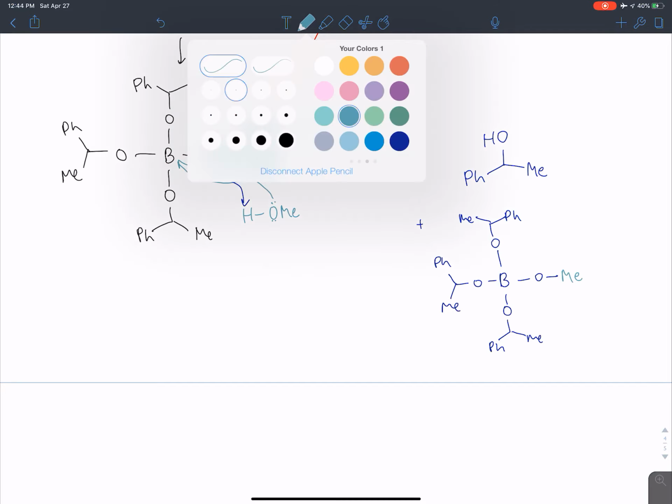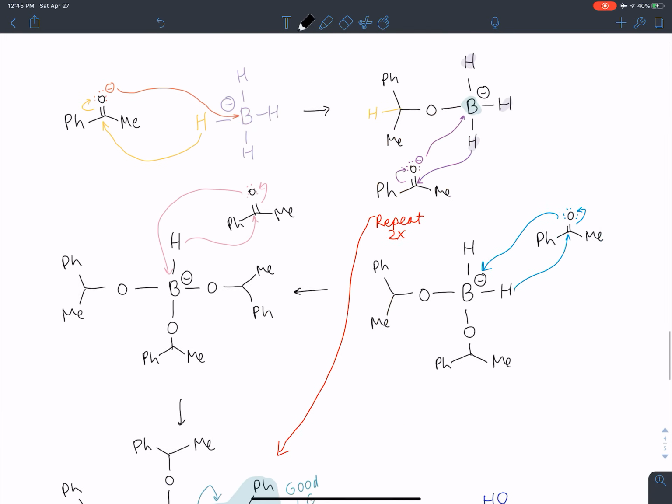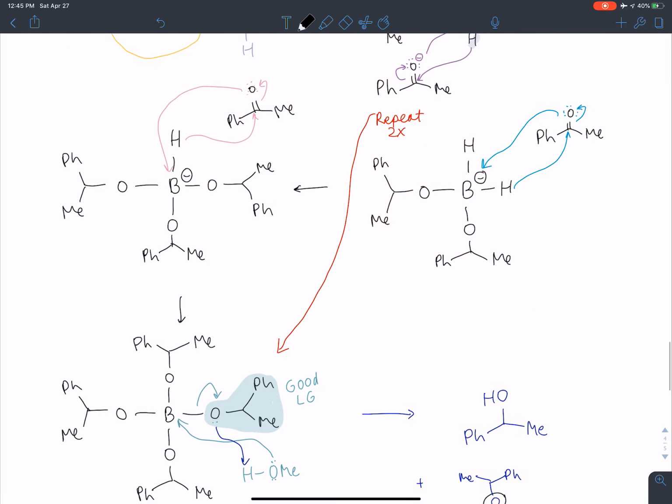So then, of course, intuition would tell you that this happens 3 more times, 1, 2, 3, to get me my entire mixture of alcohol right here. And that is how we reduce a ketone into a secondary alcohol.